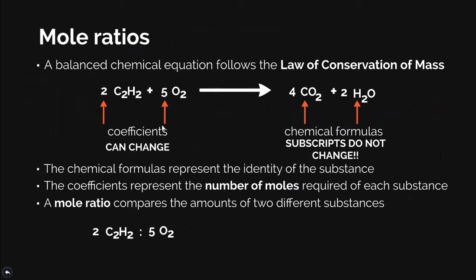And so as compared to my two reactants, that's saying that for every 2 moles of C2H2 that I want to react, I need 5 moles of oxygen gas to go with it. And we can also compare this to the products on the other side. So if I wanted to compare C2H2 to my product of water, that's saying that for every 2 moles of C2H2 that I put in, I will be getting out 2 moles of H2O.